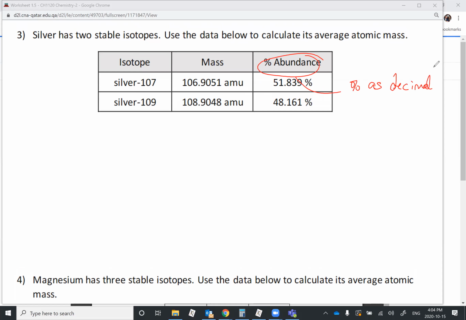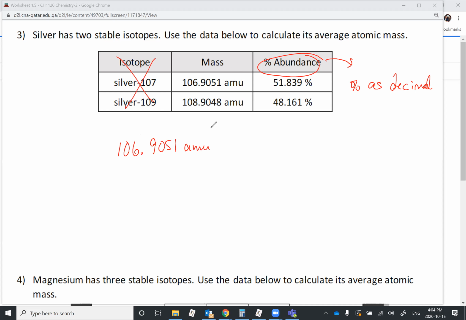Okay, so for 1 mark here, or for like the first part of your marks, I need to write that as a decimal. So what I'm going to do, I'm going to rewrite this table. Now, I do not care about the isotope names, nor do I care about their mass numbers. I'm going to write down the actual mass of this. 106.9051. The units are AMU.